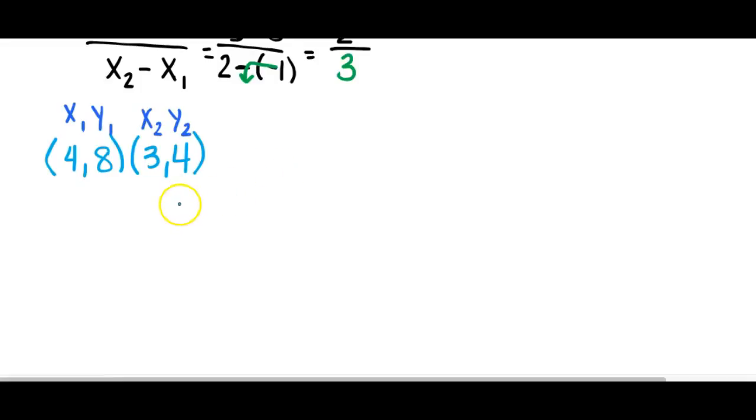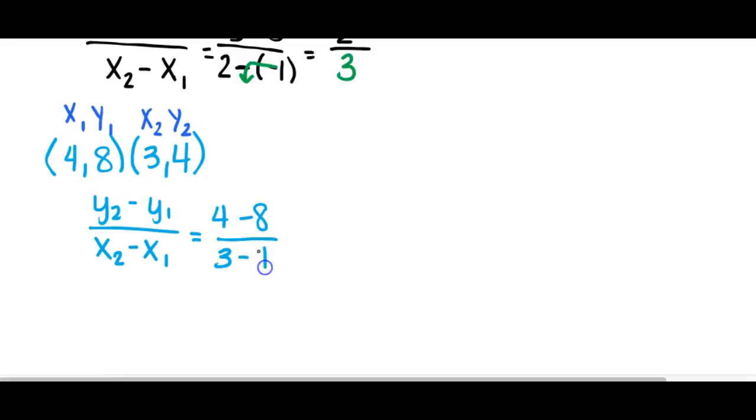So then we have y2 minus y1 over x2 minus x1, which equals 4 minus 8 over 3 minus 4. This is going to give us -4 over -1. We can leave it like this, because that's perfectly fine, or we can also make it a +4 over a +1.